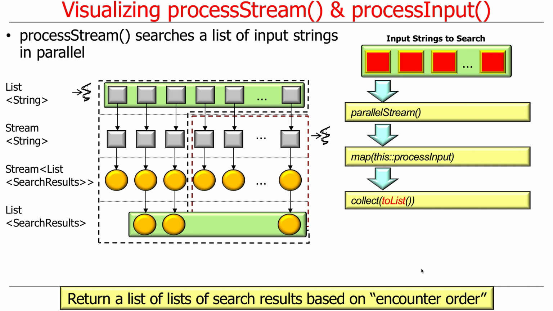All encounter order means here is that whatever order the works of Shakespeare were in the original input list will be the same order that things come back when all is said and done at the end. So if it was Hamlet followed by Macbeth followed by Julius Caesar, then the list of search results will have Hamlet followed by Macbeth followed by Julius Caesar.